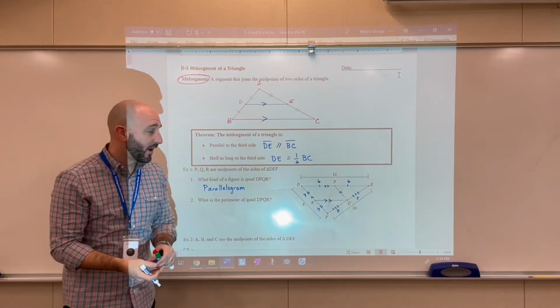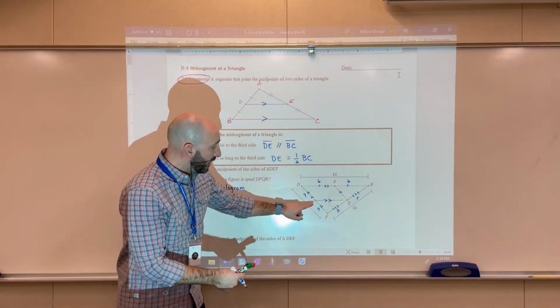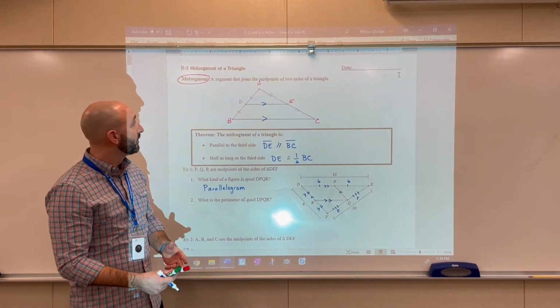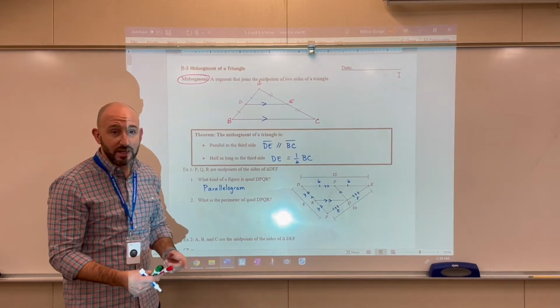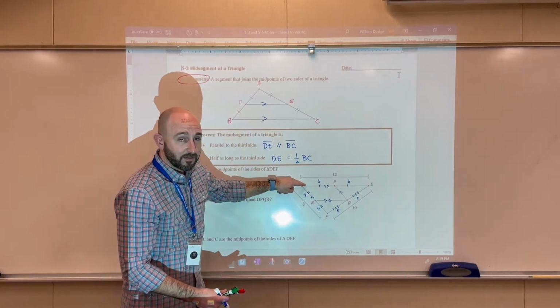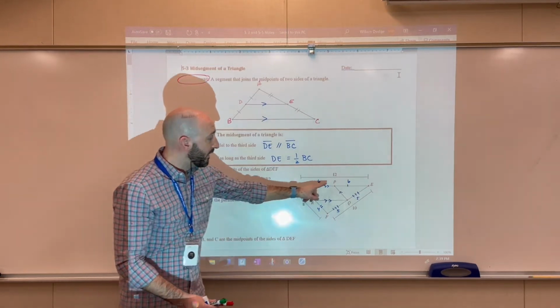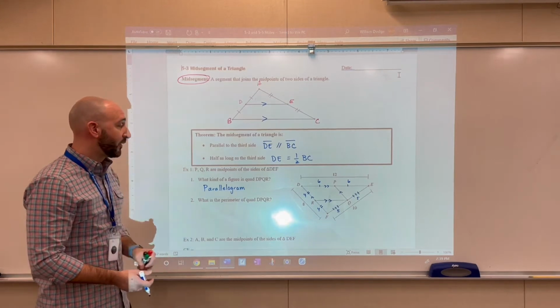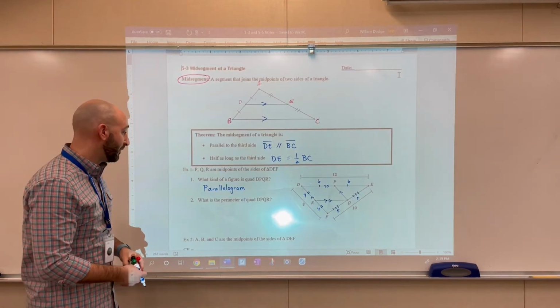All right, and again, we figured that out because RQ is a mid-segment of triangle DEF, so it's parallel to the opposite side, or this segment that contains that opposite side, and then PQ would be parallel to DR. So again, quadrilateral DPQR would have to be a parallelogram.